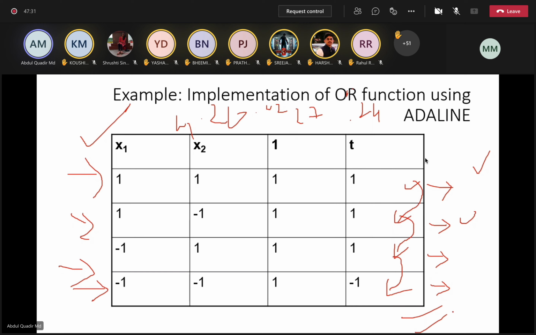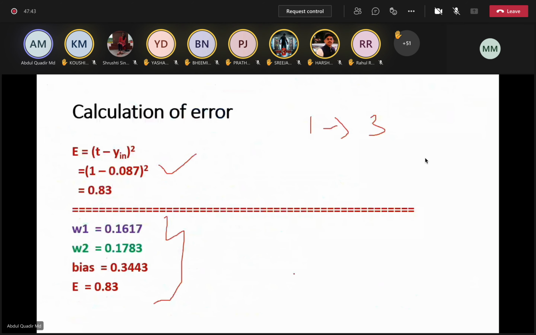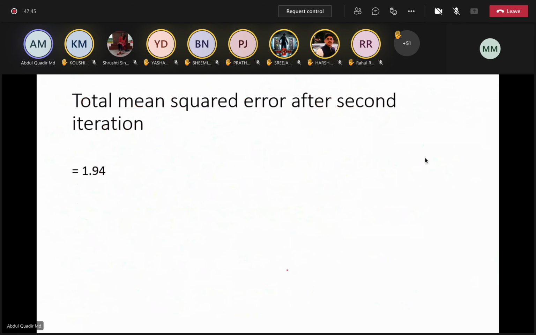Isn't it, students? So now when I add the second iteration error, the total mean squared error after the second iteration is 1.94. Can you see?